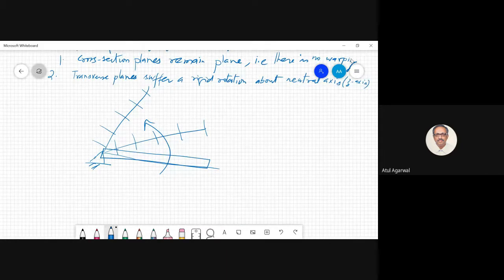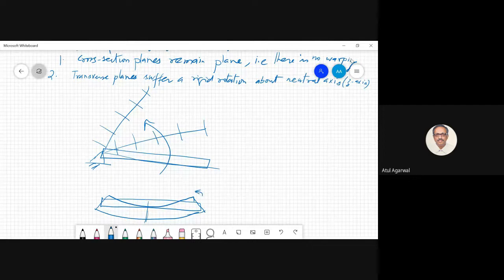But now here what is happening? Different cross sections are rotating different amounts. You see this fellow in the middle doesn't rotate at all.